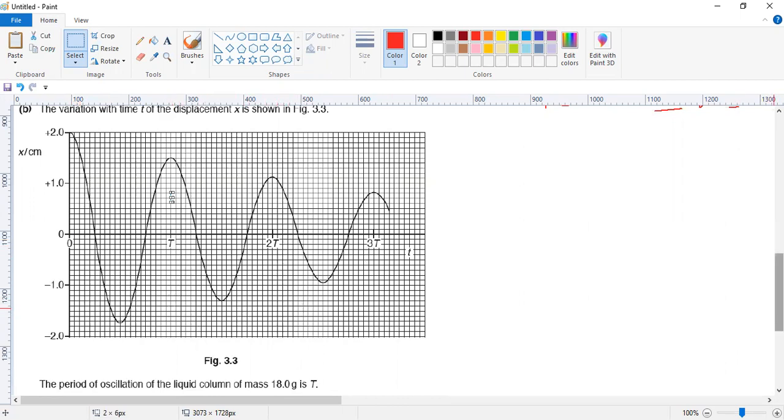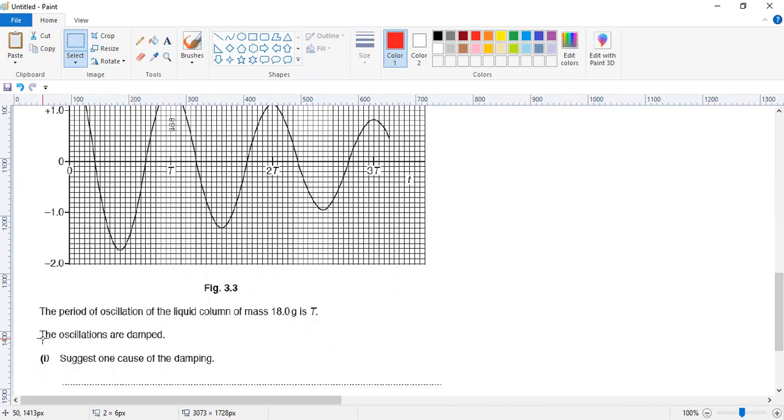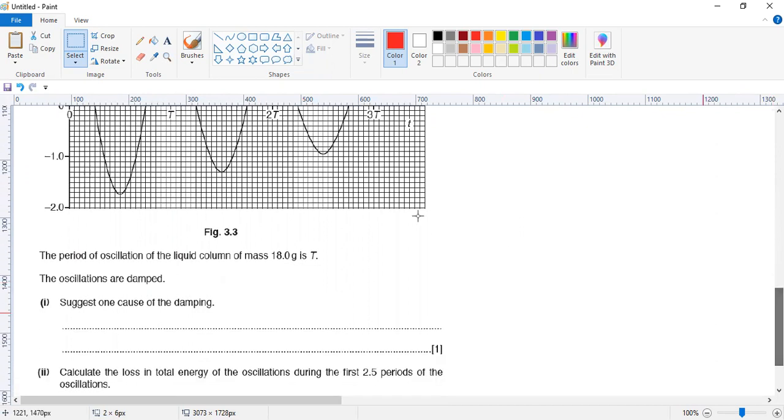All right. Let's look at it. The oscillations are damped. Okay. What is damping? The loss of amplitude as time goes on and oscillations continue. Suggest one cause of damping. Okay.